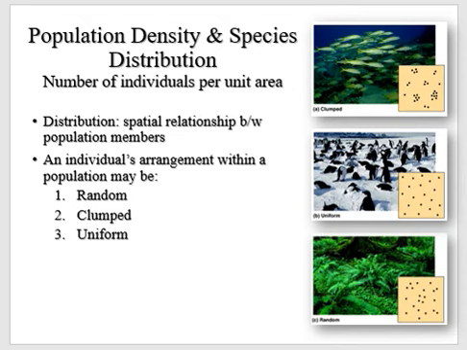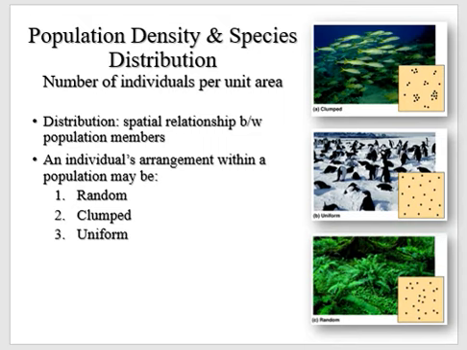Now, there are three primary types of arrangements as far as dispersion that are observed in nature. Individuals can be arranged in populations either randomly, right? So this is when individuals are dispersed randomly across the habitat with no predictable pattern.